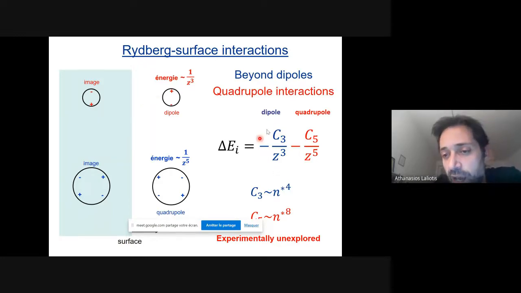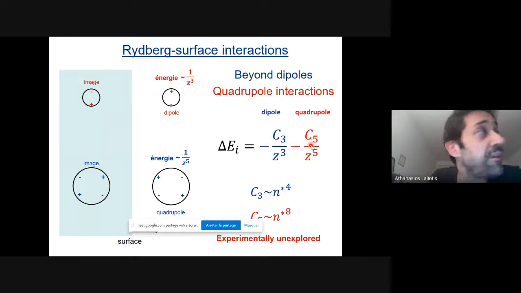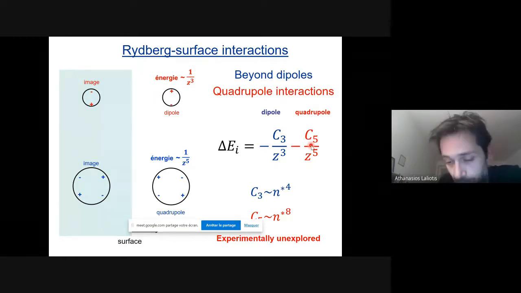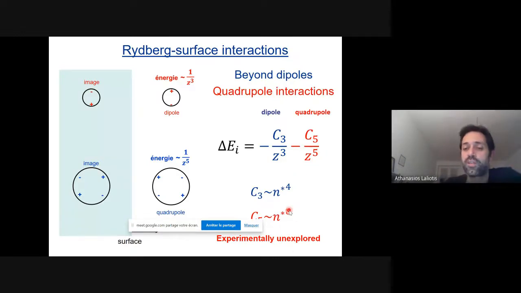And how would this look when you look at the energy? We said that the dipole will give you energy shifts that depend on minus C3 over Z cubed, and then the quadrupole, for example, would give you shifts that depend on minus C5 over Z to the fifth, okay? So it's a much shorter range interaction if you want, but the C5 coefficient has a much stronger dependence on n.